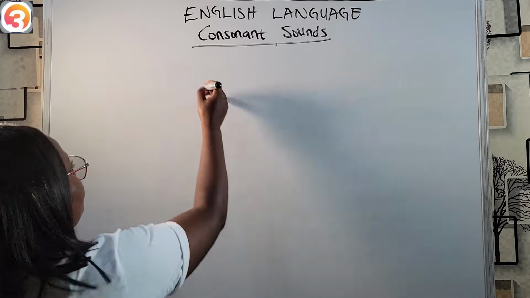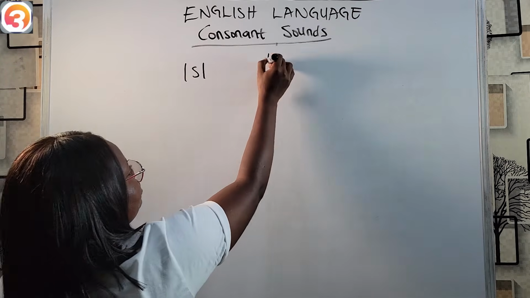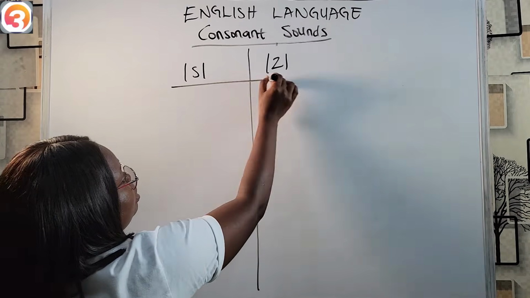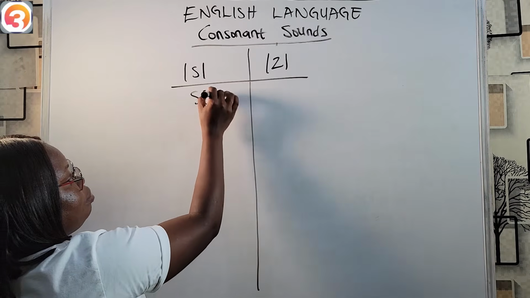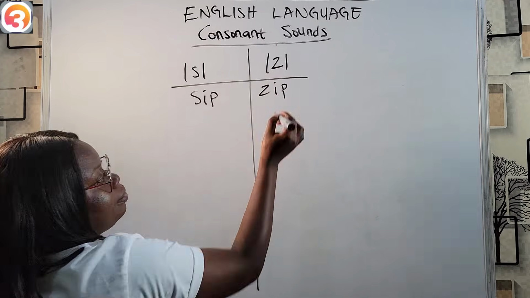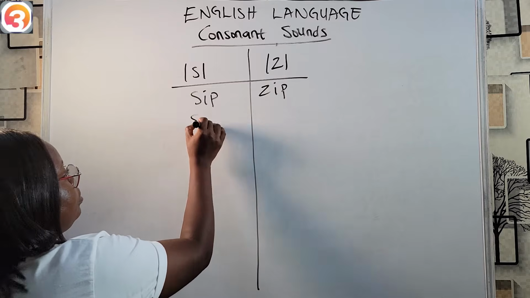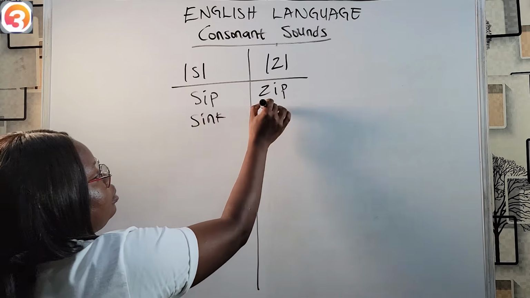We're still looking at our S and Z. Some examples, we can have sip, zip, sink, zinc.